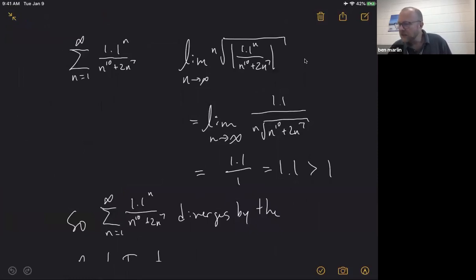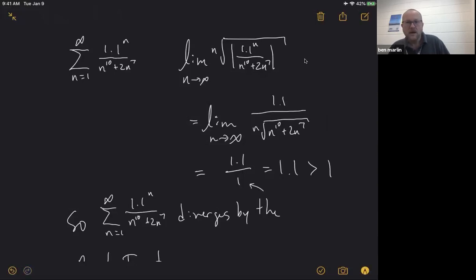So going in here with the root test, you're going to take the nth root of that, and the absolute value you can just drop because there's no negative terms to it. And now on the top part, the nth root and the nth power are going to cancel out, so that your top turns into this 1.1. But on the bottom, you'll have the nth root of a polynomial, which we previously commented is always going to turn into 1 in the limit.